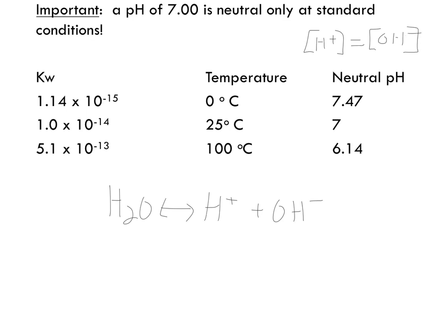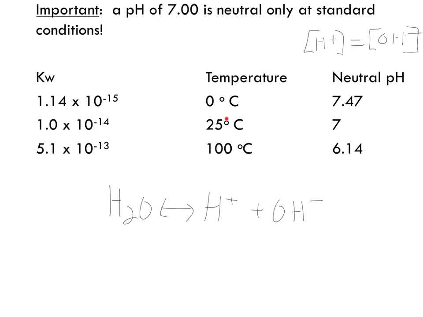It's the square root of Kw that will give you a neutral pH at any different temperature. And it changes with temperature. So here we have a very simple question. As the temperature increases, K gets bigger. Is this reaction endothermic or exothermic?